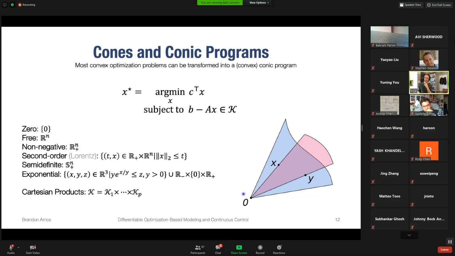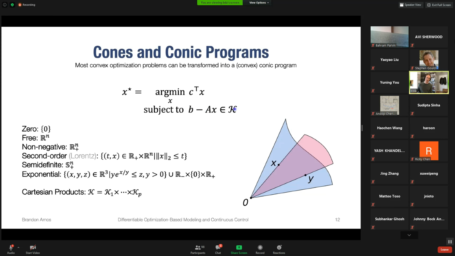Conic programs have this nice property where you can transform almost any convex optimization problem into the conic form that I have on the screen, where in this case it has a linear objective. You'd also imagine having quadratic objectives or more general forms here.